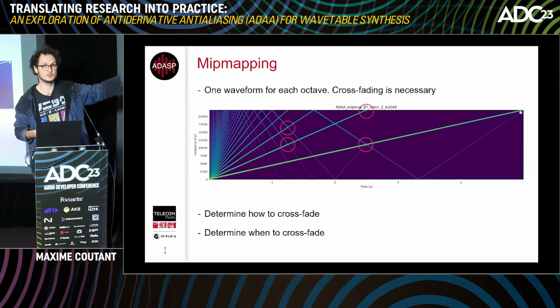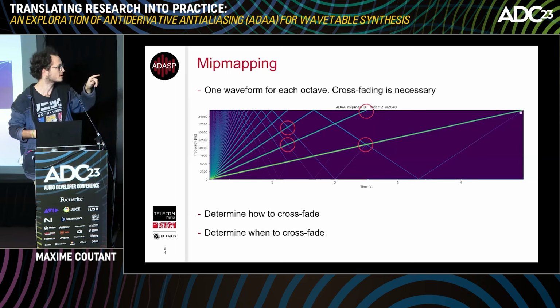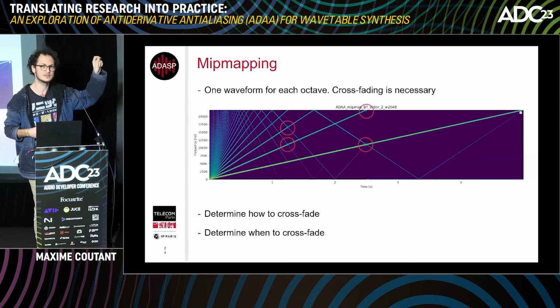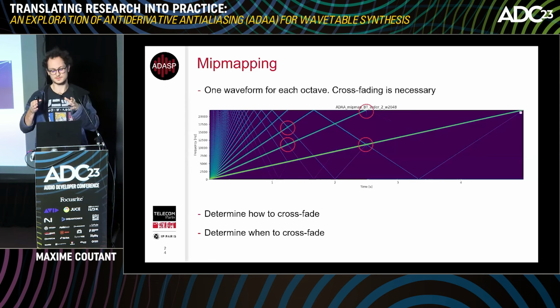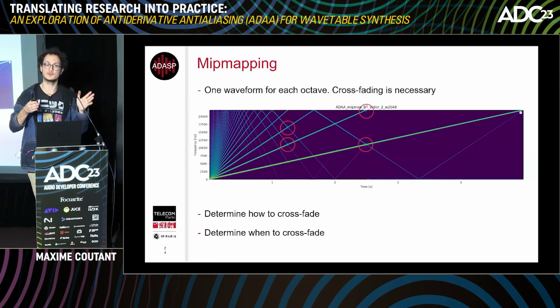And at the transition point between the waveforms, in the circle in red, you have little spikes, and these are clicks. This is because if you transition abruptly from a waveform to another that has a different number of points, therefore a different number of harmonics, you'll have either a sudden jump or a sudden drop in harmonics. So this will create a click.